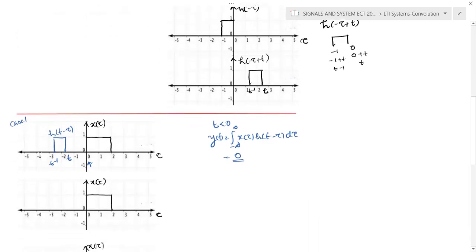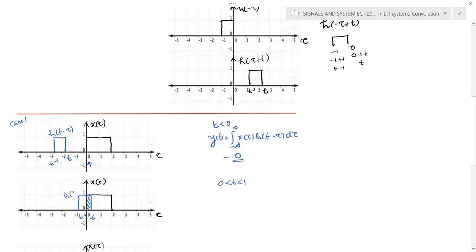And now we can consider the next case, where the t value is here, and t minus 1 will be here. For this duration, we can take the next case, that is t is between 0 and 1. When t is between 0 and 1, you can see that there's a common area which starts from 0 onwards and up to t.